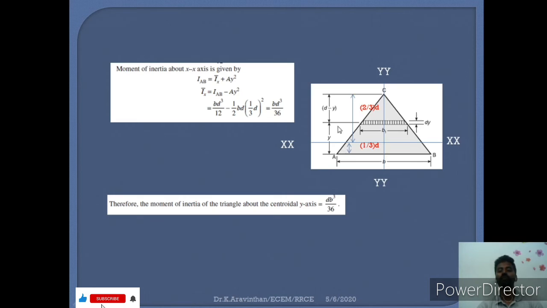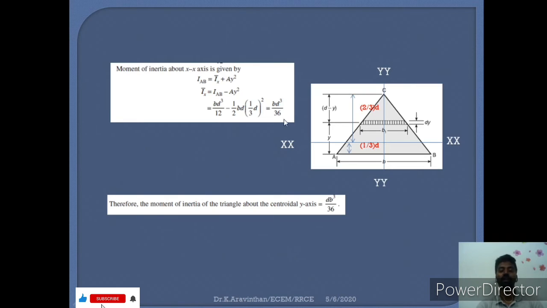Area of the triangle is half bd, and the distance square. What is the distance from the reference plane to the x-x axis? It is 1/3 of d. So here it is substituted as 1/3 of d square. Then if you simplify this equation, you will be getting bd cube divided by 36.